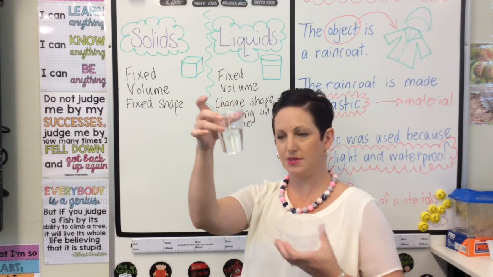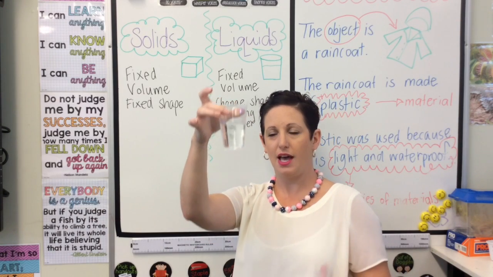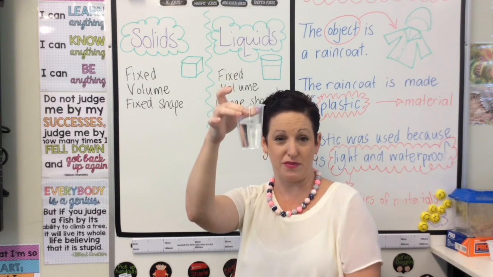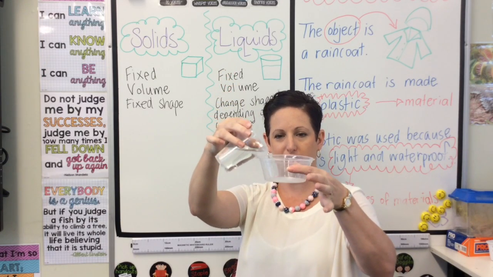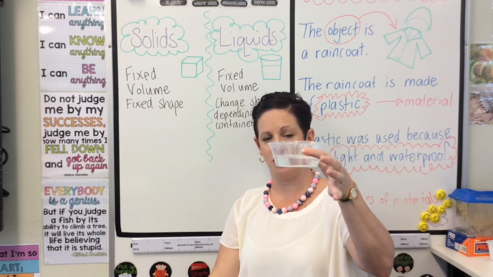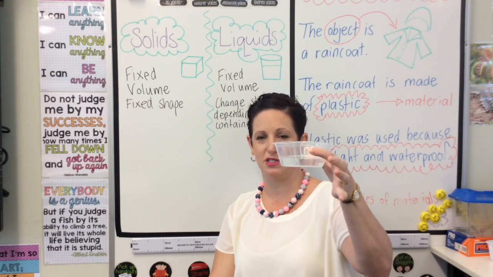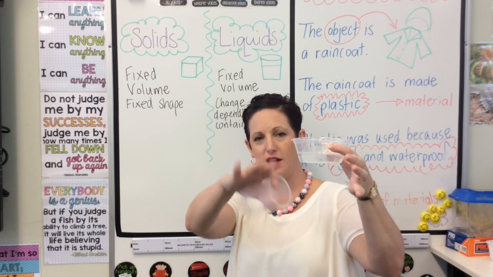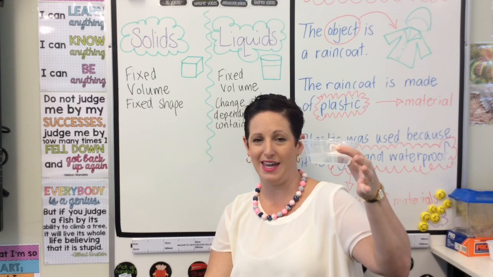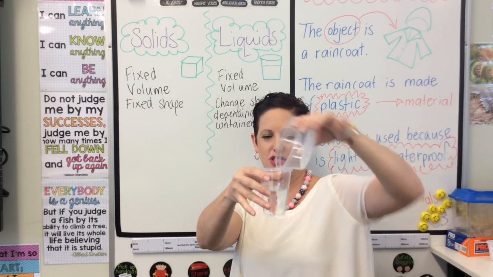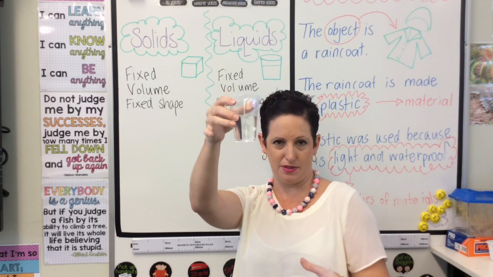I have a cup of water, and at the moment it's in the shape of the cup. I can pour the water into this container and there is still the same volume of water, but the shape of the water is different. So the shape of a liquid will be defined by the shape of the container that it is in. Change the shape again back to the shape of the cup. Okay?